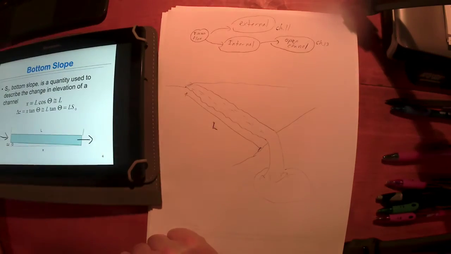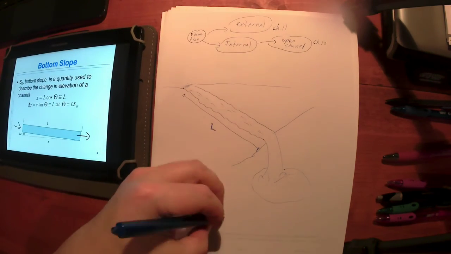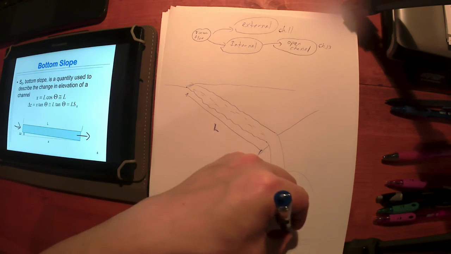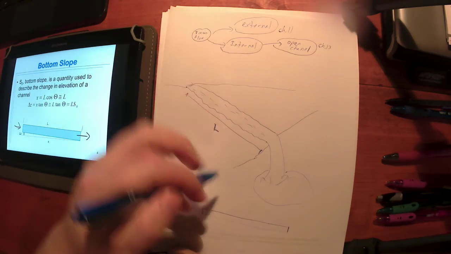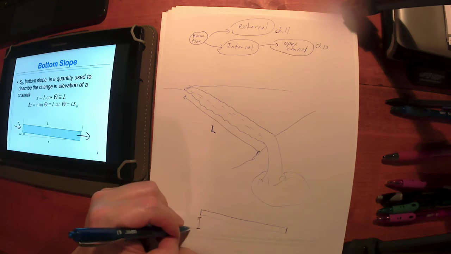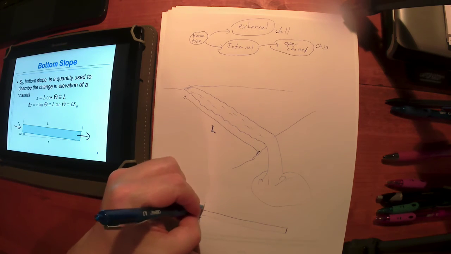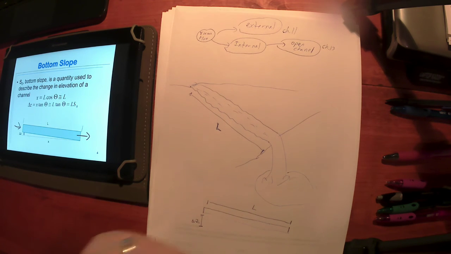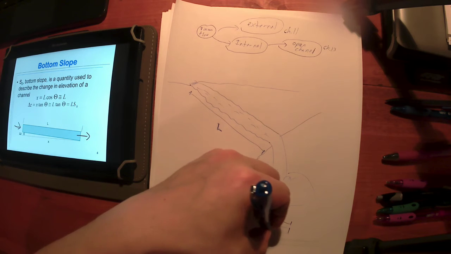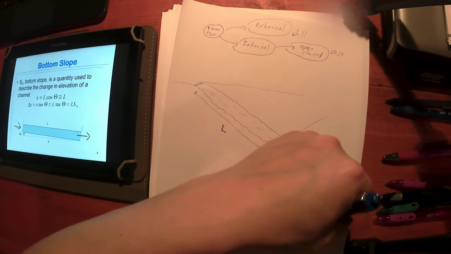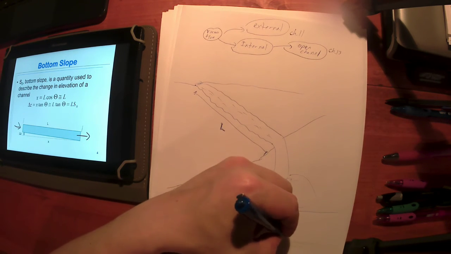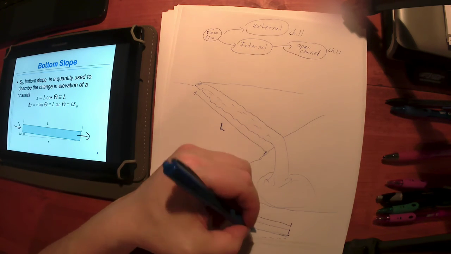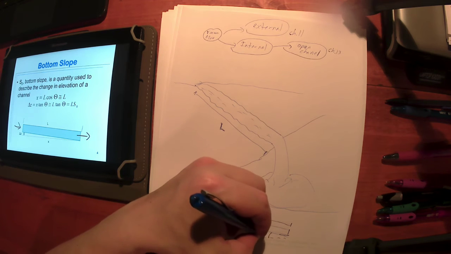Now, the bottom slope, and again, if we look at this cross section of this stream, not looking down like this, looking from the side here, right? Delta Z. Again, the easy thing to measure is this length. Okay. Now, so this stream, two different drawings here. Again, this stream is at some angle down theta.